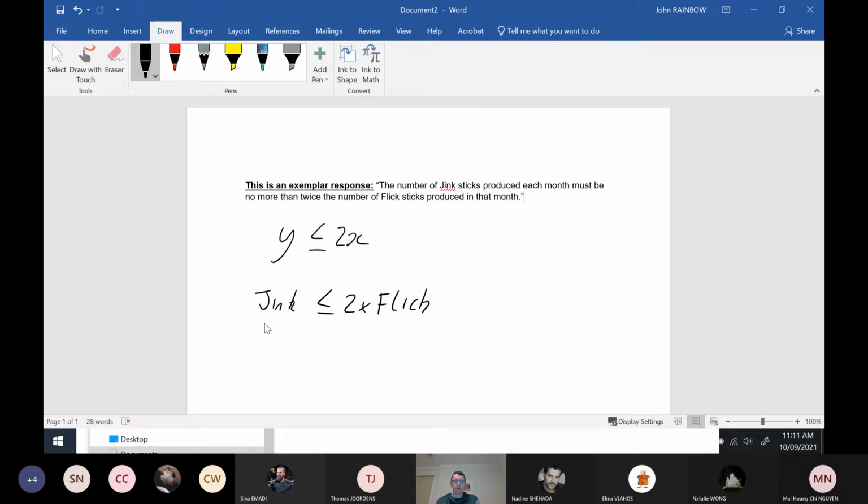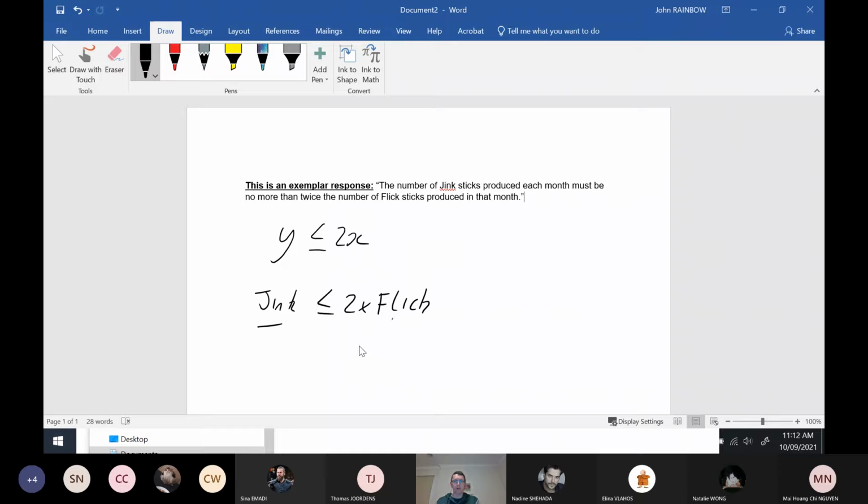The number of jink sticks produced each month must be no more than twice the number of flick sticks produced each month.